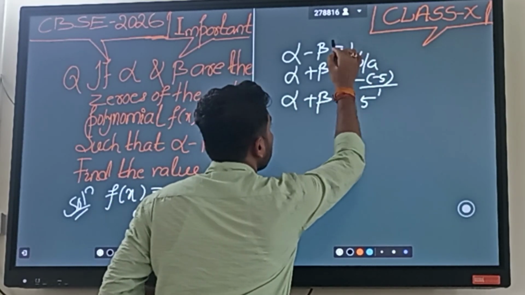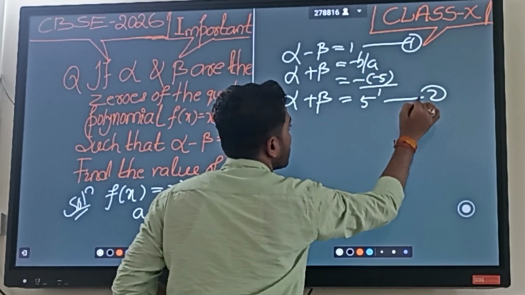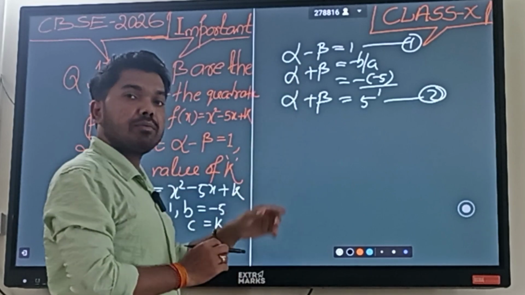So let's suppose this is alpha minus beta equal to 1, equation number 1, and alpha plus beta equal to 5, equation number 2. What to do, students? You just add equation 1 and 2.